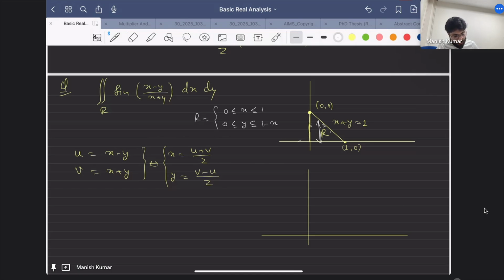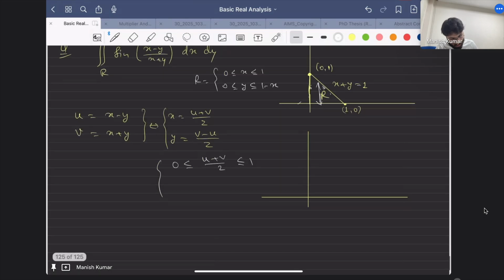If I use this kind of variable over here, this says me that my x, which is (u plus v) by 2, is varying from 0 to 1, and this y, (v minus u) by 2, is varying from 0 to 1 minus x, which is 1 minus (u plus v) by 2, right?